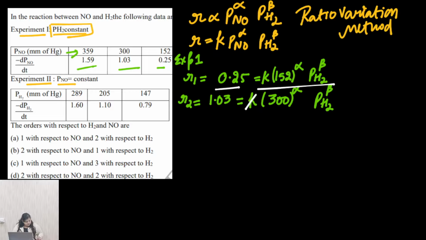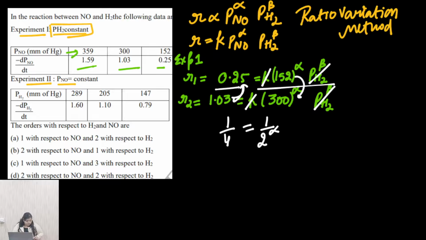The K and K get cancelled out, and the pressures of hydrogen get cancelled out. So the rate goes from 0.25 to 1, which is 4 times, so 1 by 4. And the pressure changes from 152 to 300, approximately 2 times, which can be written as 2 raised to the power of alpha.